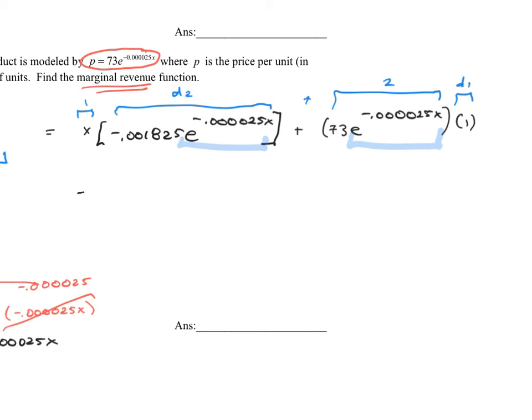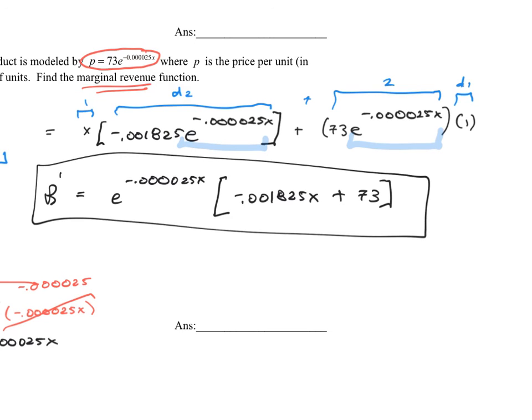Technically, I could throw it in the denominator because it is a negative exponent, but I don't expect that in my class, so I would just have e to the negative 0.000025x times whatever remains. Whatever remains in the first term is negative 0.001825x, plus what remains in the second term would simply be 73. This would be my marginal revenue function and the final answer to the problem.